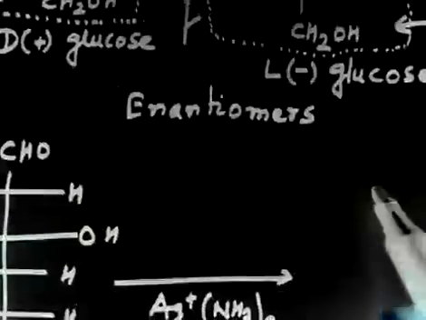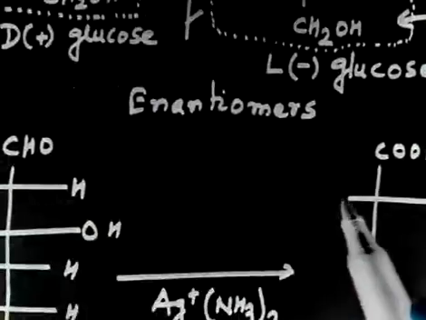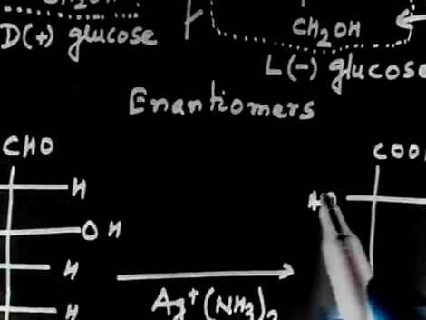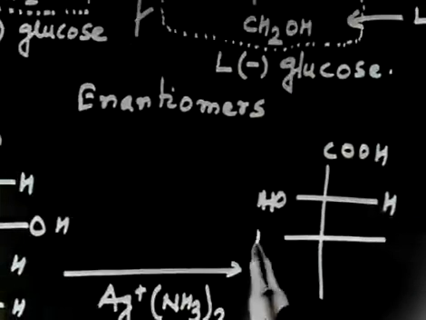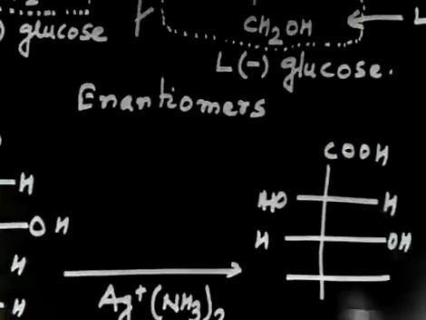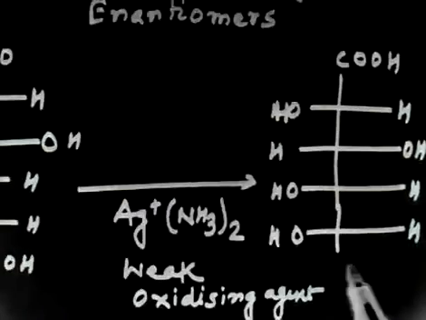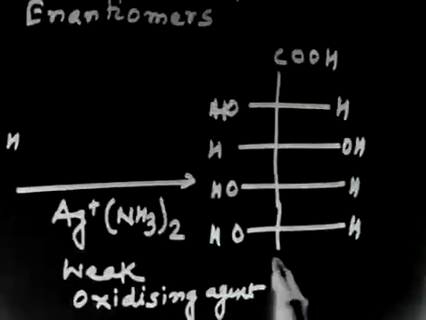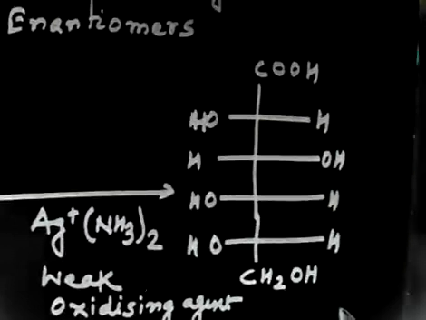So you will have COOH, because that gets oxidized, and all the configuration remains the same. Then OH, H, OH, OH, H, and then OH, H, and here CH2OH. Are you getting it? So this is the reaction of L glucose.